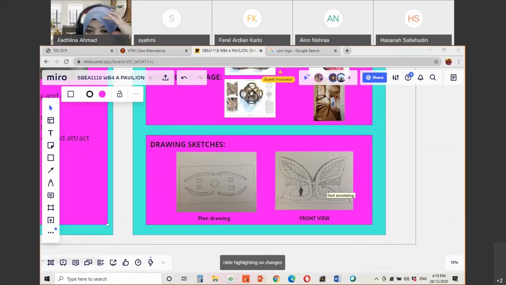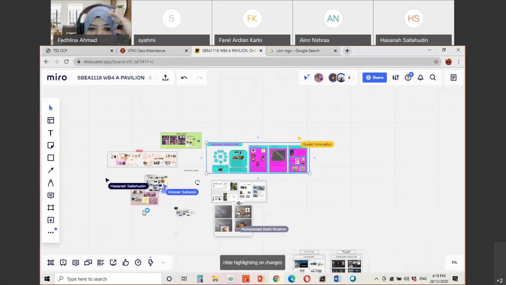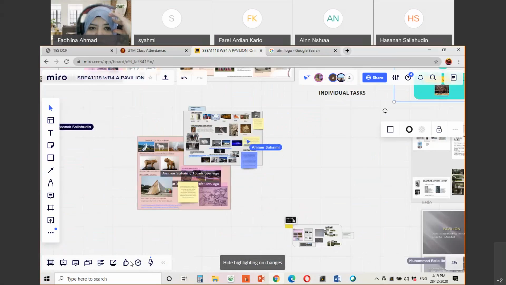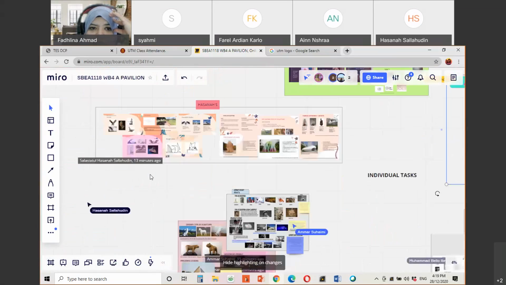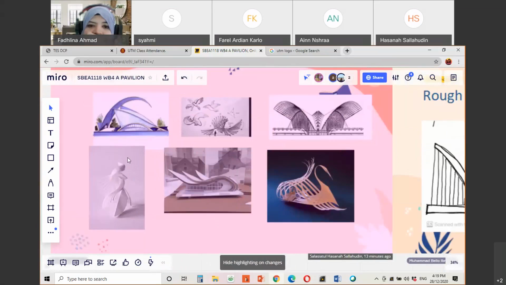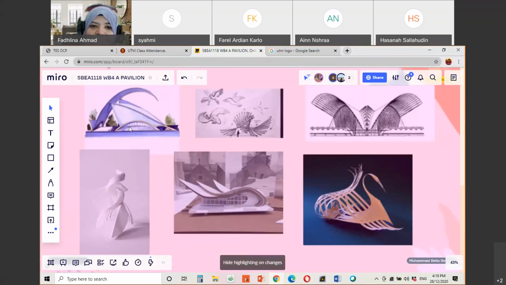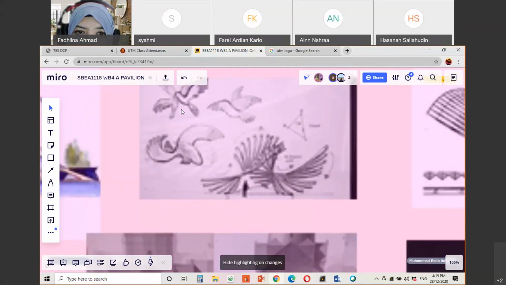For instance, if you see Hasana before this, she is doing something on birds. But the whole presentation, or the borrowed image that she has shown, is not related to the bird itself. She is only mentioning perhaps the wings of the birds, or the dynamic things that can be learned from the birds.